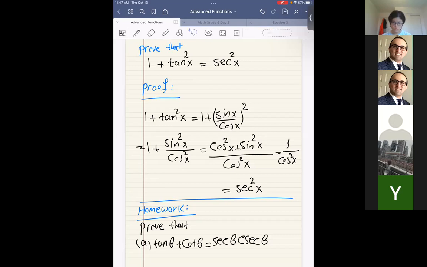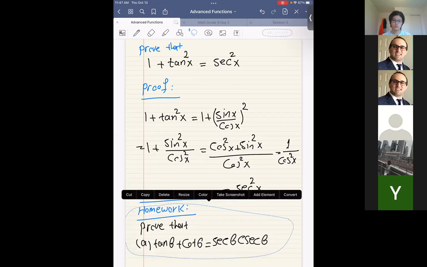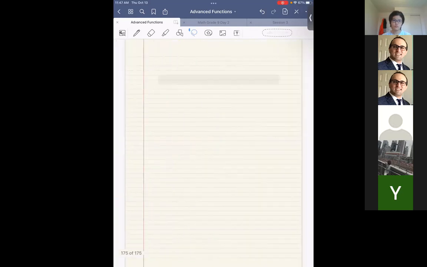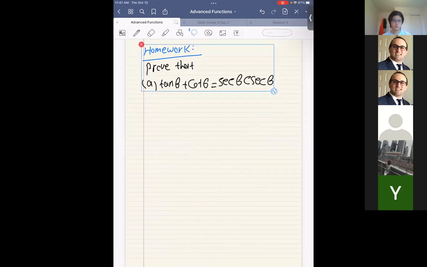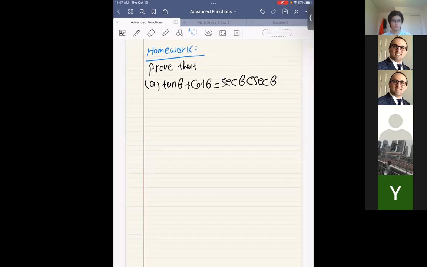Okay, I give you some more. So B, one minus sine square of x over 1 minus sine x minus 1 is equal to sine x.